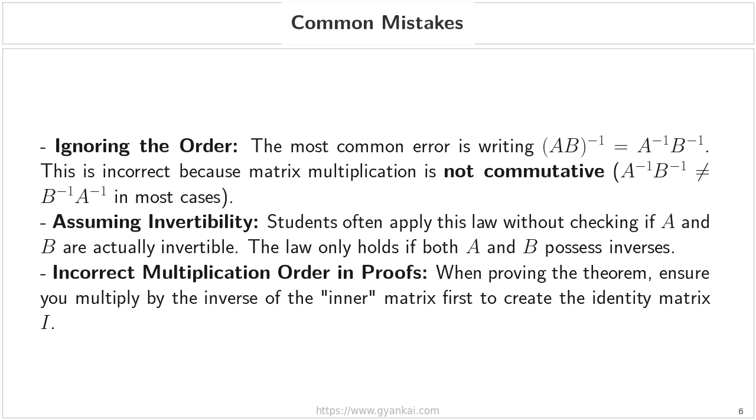Now that we have seen the reversal law in action through both a logical proof and a numerical example, it is important to discuss some common pitfalls to ensure you avoid these mistakes in your exams. By staying mindful of these 3 points, you will avoid the most common errors associated with this topic. Now, let us move to the final slide to summarize our key takeaways.